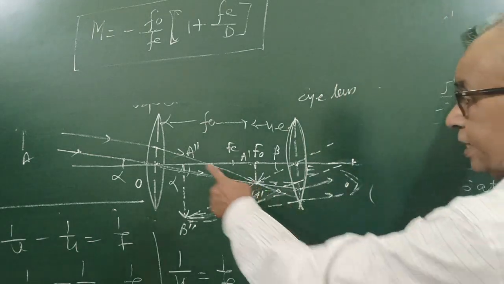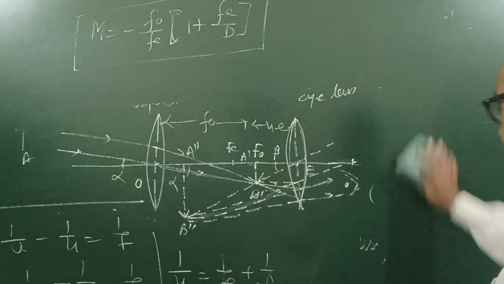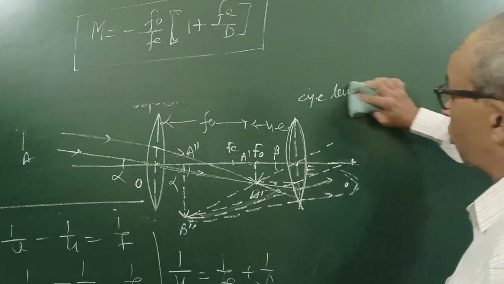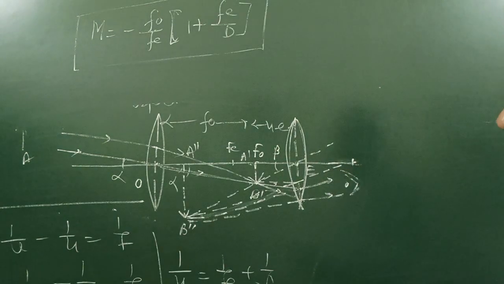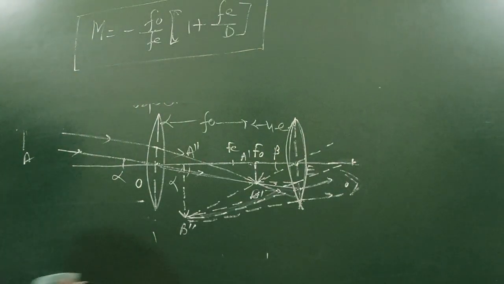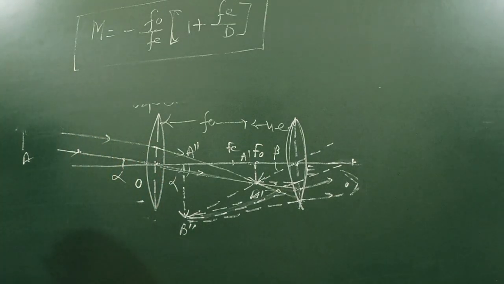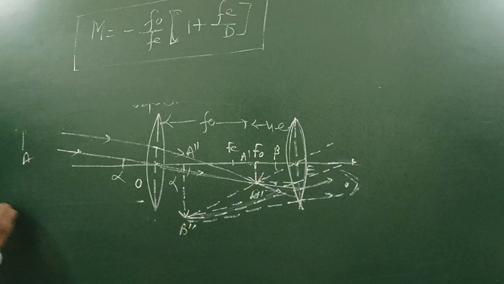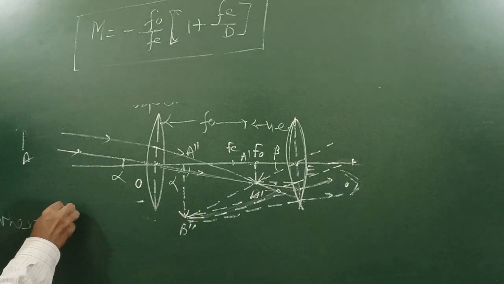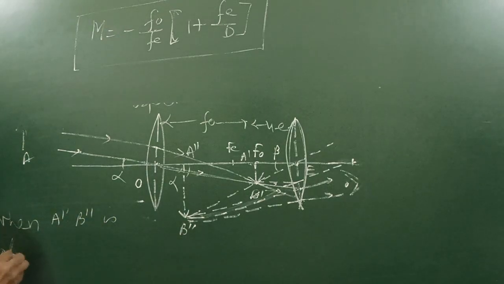Now, if A double dash B double dash is formed at infinity, I told you the image is formed by the eye lens. So when does the eye lens form the image at infinity? Number 2, when A double dash B double dash is at infinity.